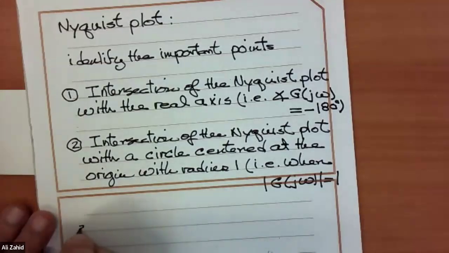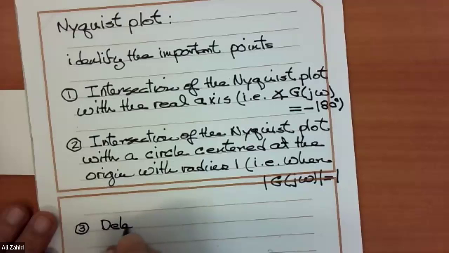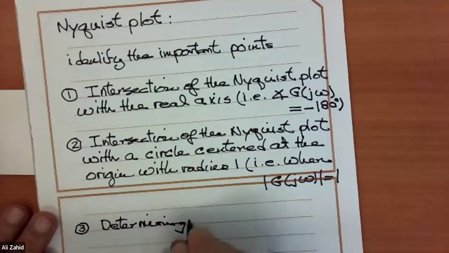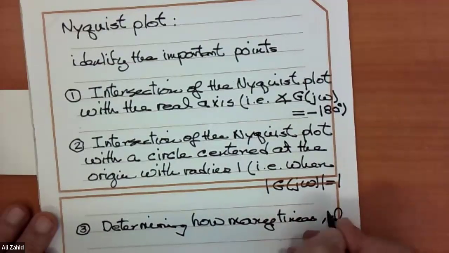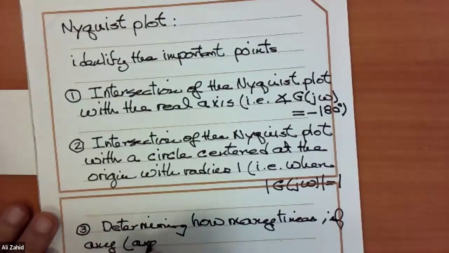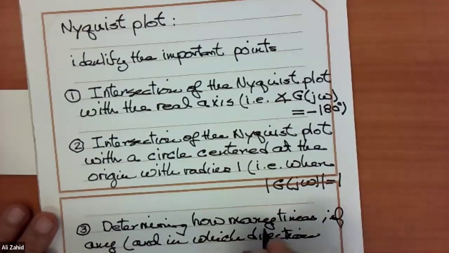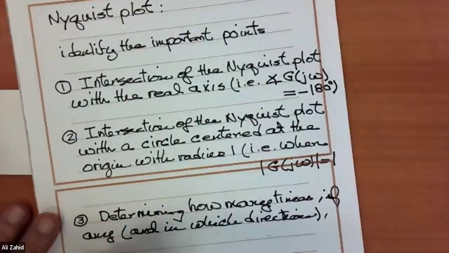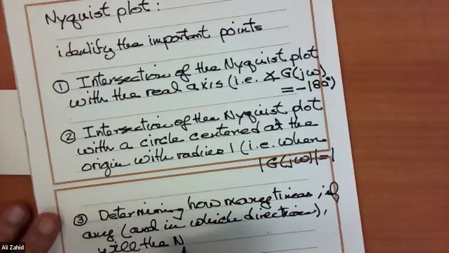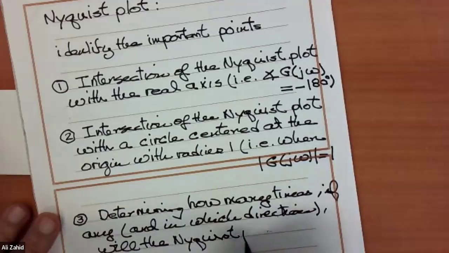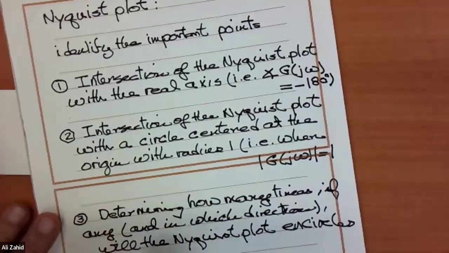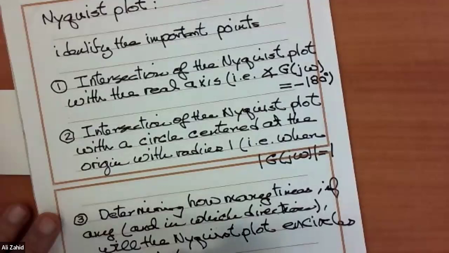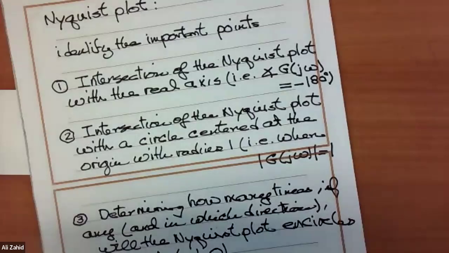And the third important one is determining how many times, if any, and in which direction, if any, the Nyquist plot encircles the point (-1, 0).